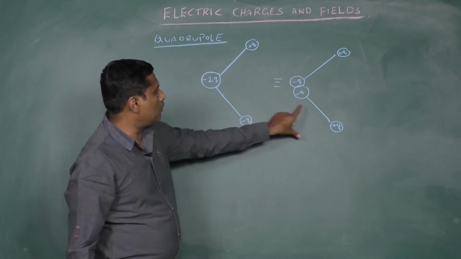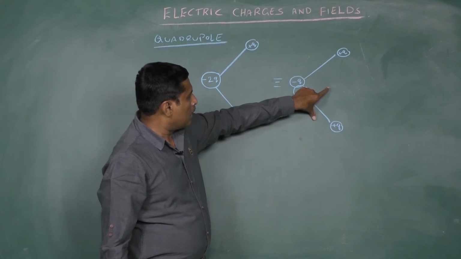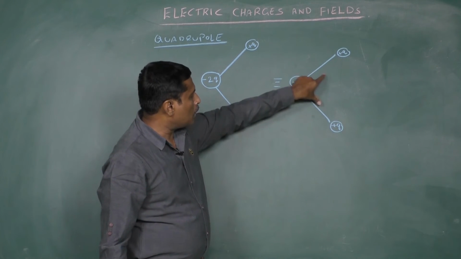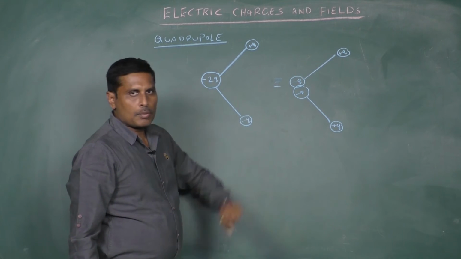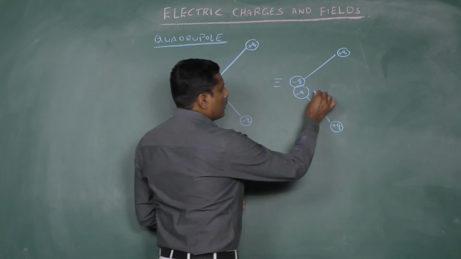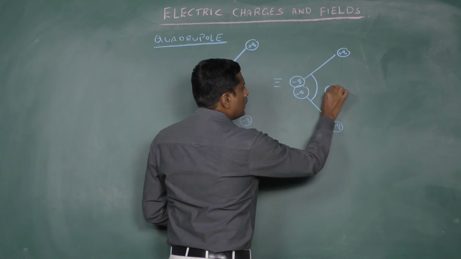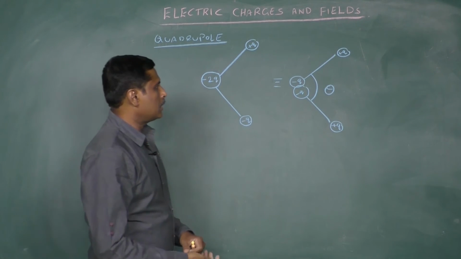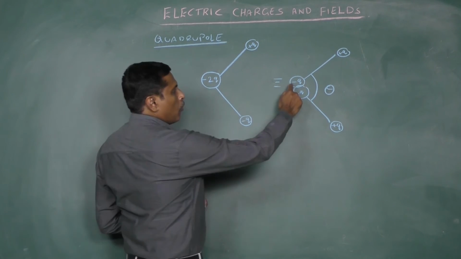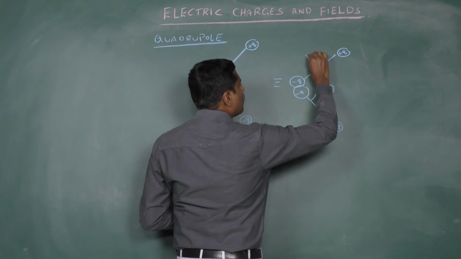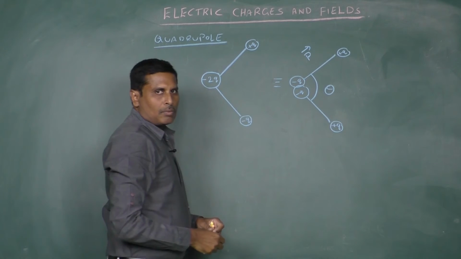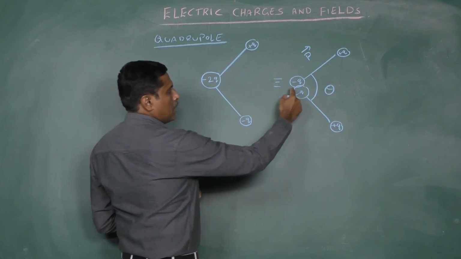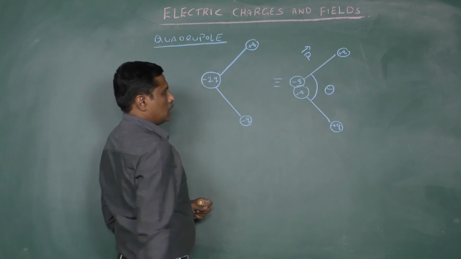This system can be written as a system containing two dipoles. This is one dipole, this is another dipole, which are making an angle theta with each other. For this dipole, the dipole moment is taken as P. The direction of dipole moment is always from negative charge to positive charge.